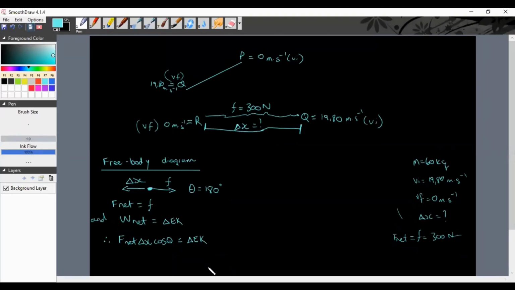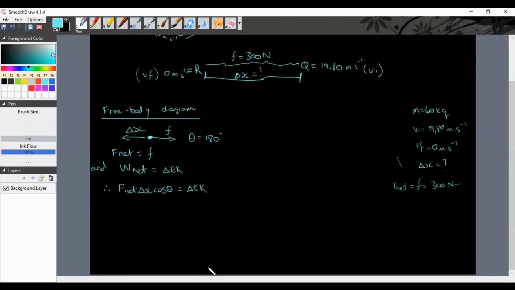Now I can begin by substituting in and solving this equation. This part is a little easy. So let's sub in. Therefore, 300 multiplied by delta X, which is unknown, multiplied by cos theta, and theta in this case is 180 degrees, because this drawing explains it all.